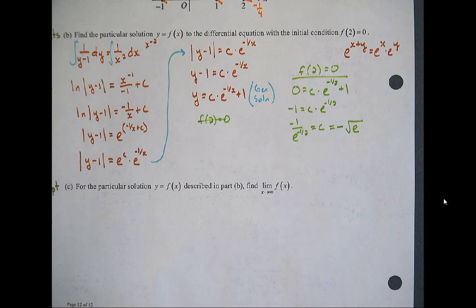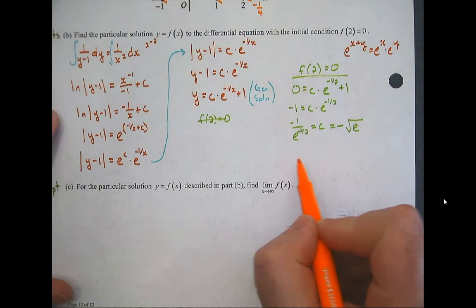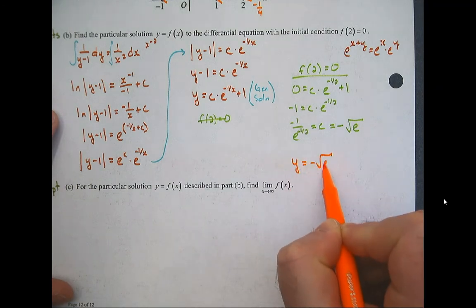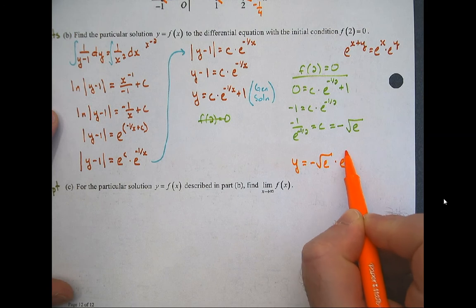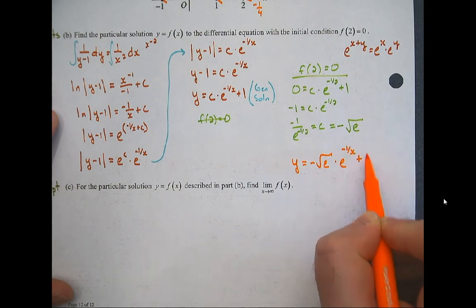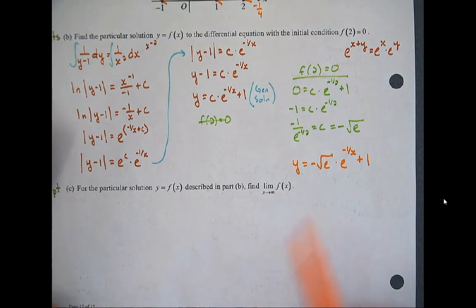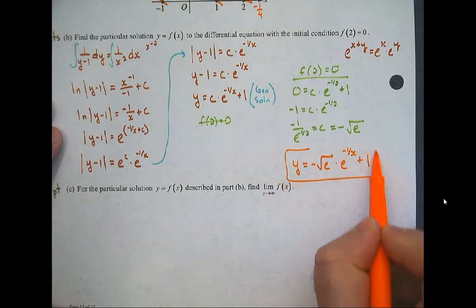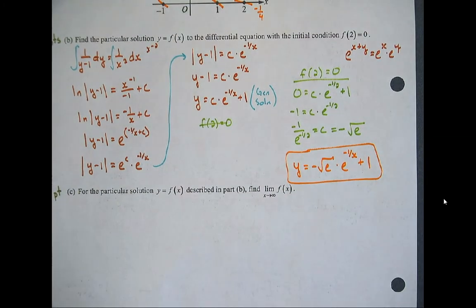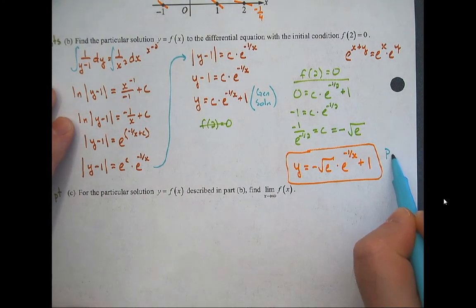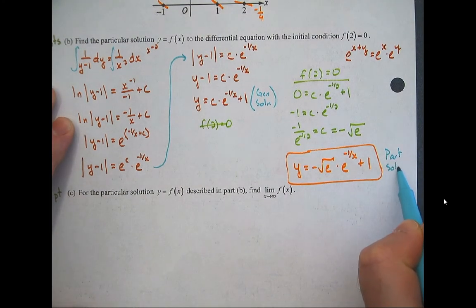So let's now take this and merge it with our general solution, in one last color, maybe orange. So we would get y equals negative root e times e to the negative 1 over x plus 1. Box that bad boy in, because that is our particular solution.